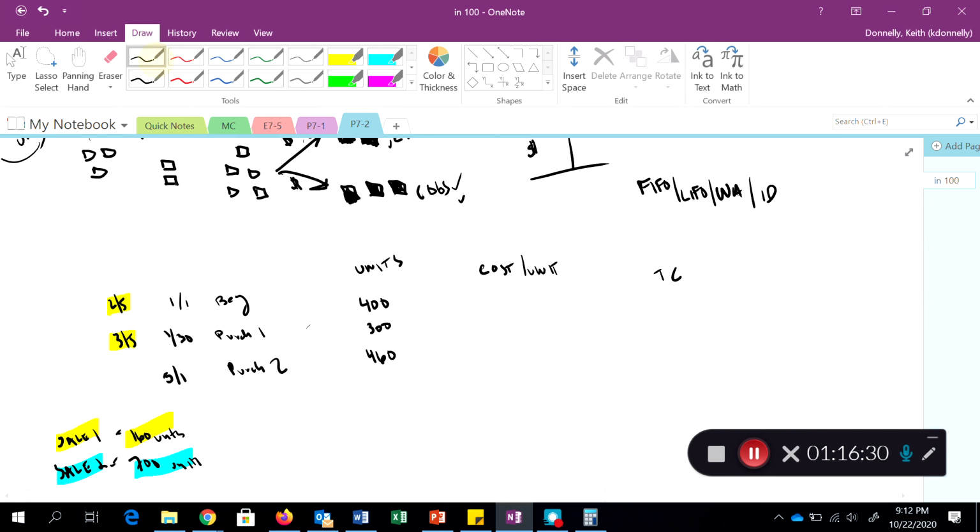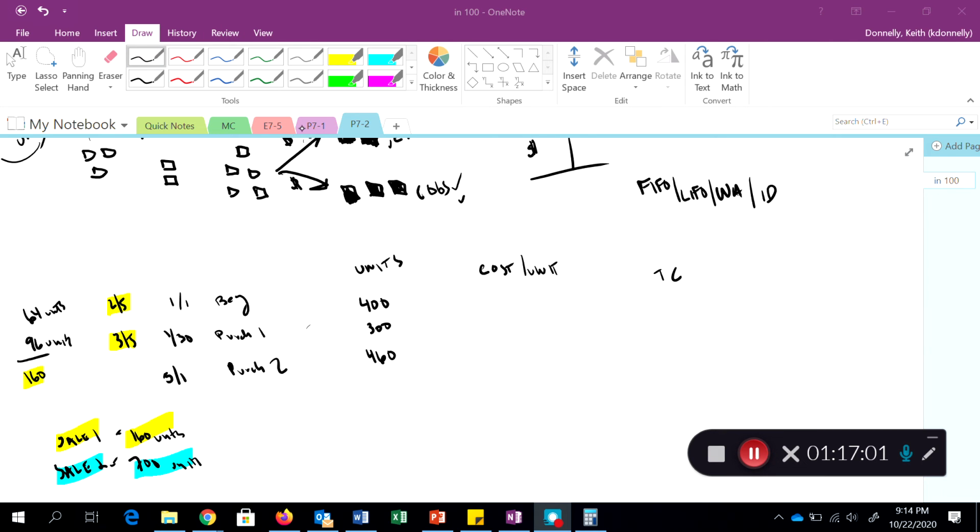So what that means is if we were to take 2/5 times 160, we would get 64 units. If we took 3/5 times 160, we would get 96 units. So that's 160 units from sale 1. So that's just level setting with what we're doing.